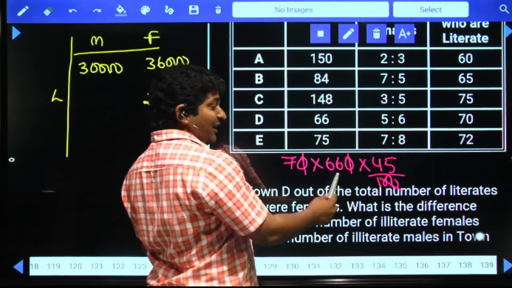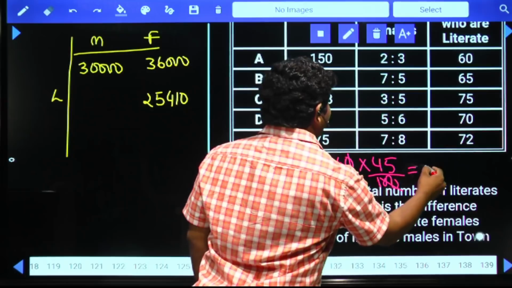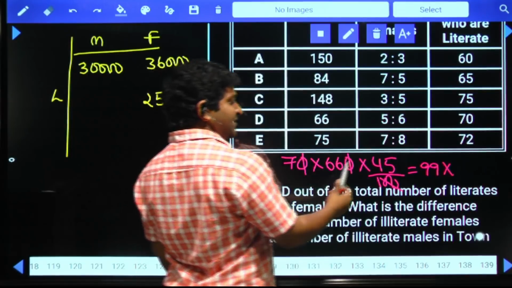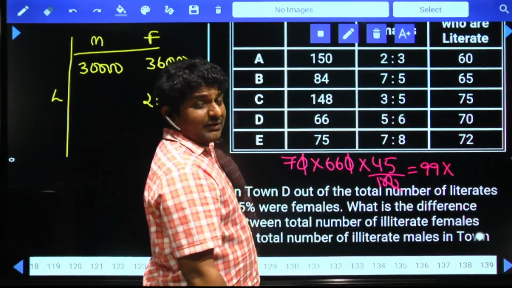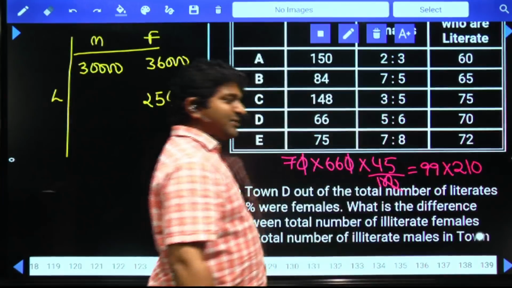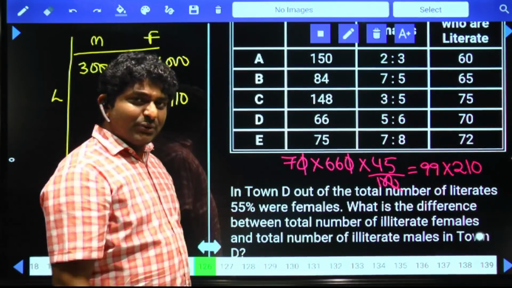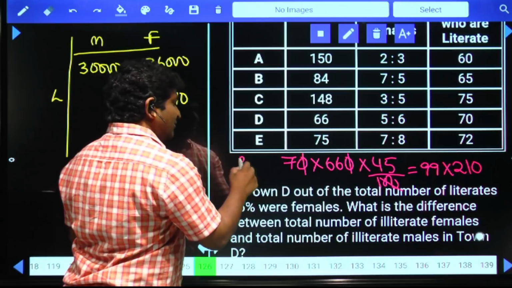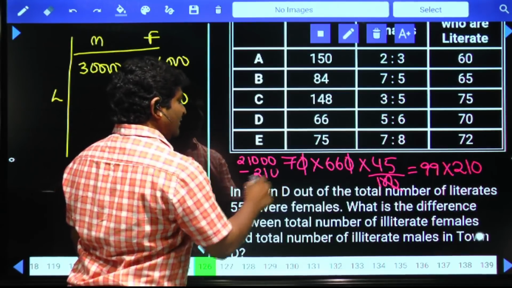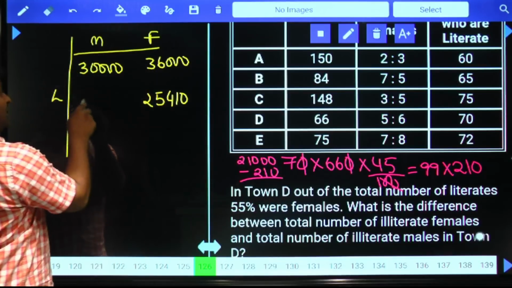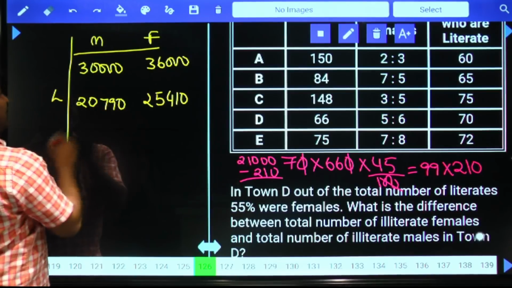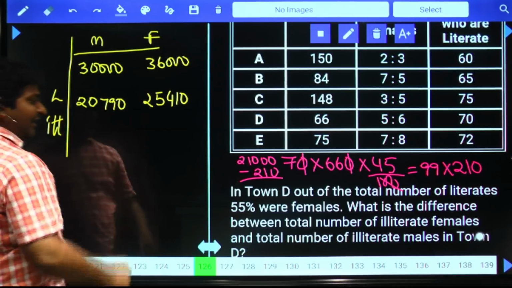I will take 11 here, 9 here, that is 11 into 9, 99 into the same number. 7 into 6 into 5, which is equal to 210. 210 99 times is equal to 100 times minus 1 time. 100 times is 21,000 minus 1 time is 210. Total value 20,790.